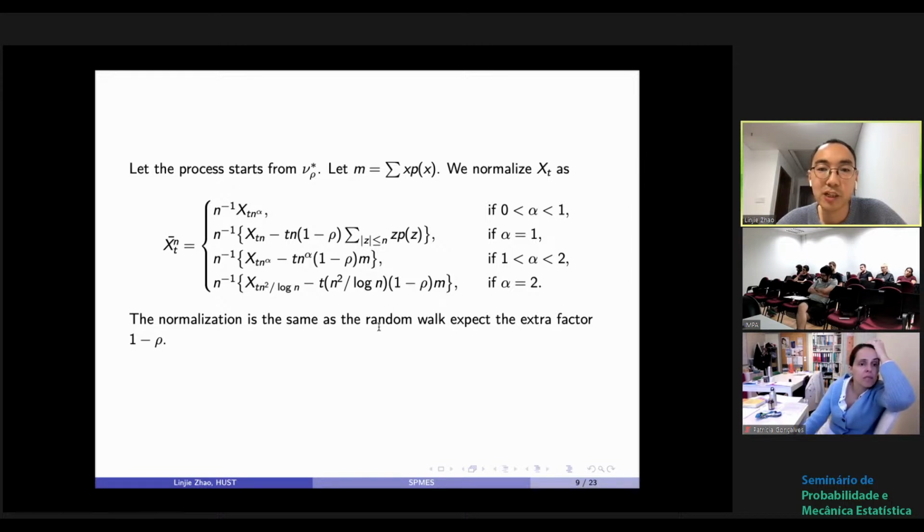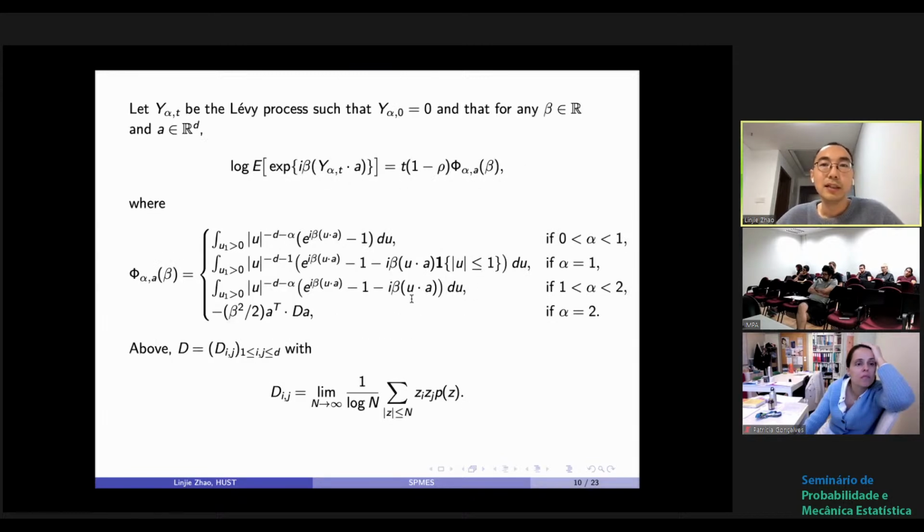And this comes from the probability that a site is empty. The probability of an empty site is 1 minus rho. So here we have 1 minus rho. And as in the symmetric case, the limiting process is also a Lévy process with initial condition 0.